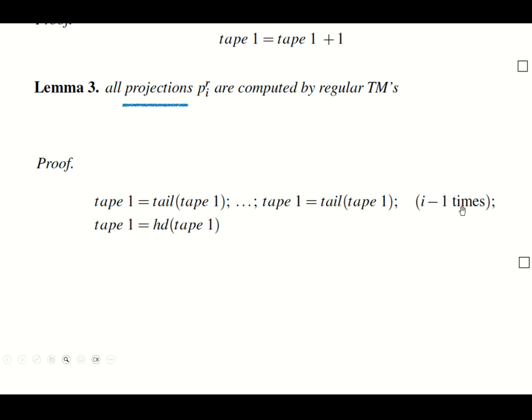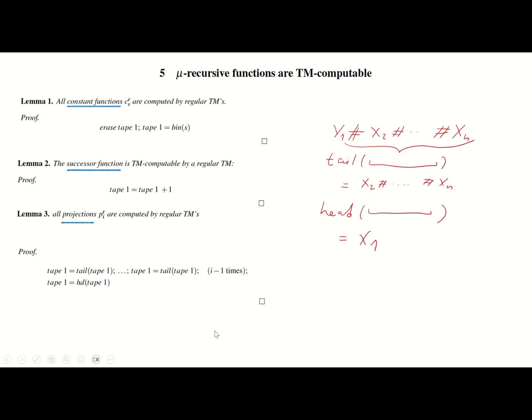Once you're at i, you have xi, xi plus 1, xi plus 2, up to xn. You output the head of that tape, so you output xi. So this will be a projection of the ith input. It's a very easy thing. So these 3 things are very easy: constants, successor, and projection.